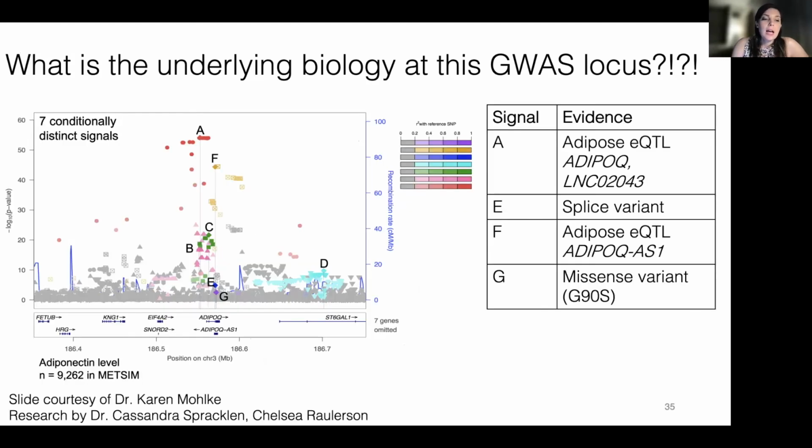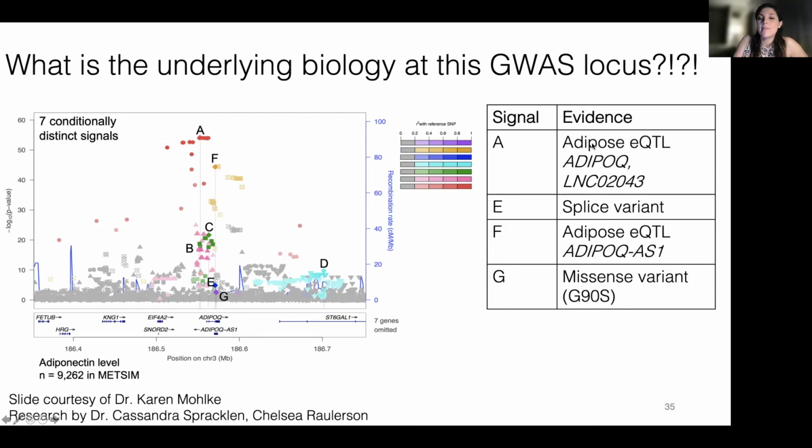So back to this adiponectin GWAS and the 7 conditionally distinct signals, from our colleagues, Dr. Karen Mohlke at UNC Chapel Hill, they were able to find some evidence for a few of these signals. So the most significant SNP A is actually an eQTL that co-localizes with ADIPOQ, and the GWAS signal co-localizes with an eQTL for ADIPOQ, and then this long non-coding RNA, and that's an adipose-specific eQTL.